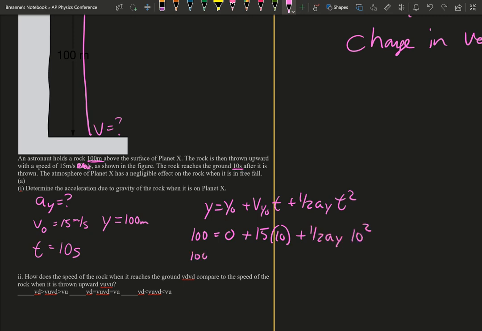Now we can simplify things out. Plus, we have 10 squared, which gives you 100, but then we have that 1/2 there, so we get a 50. We can't add those together because of this a_y, so we have to bring this over.